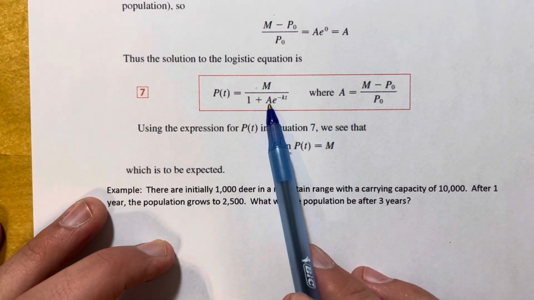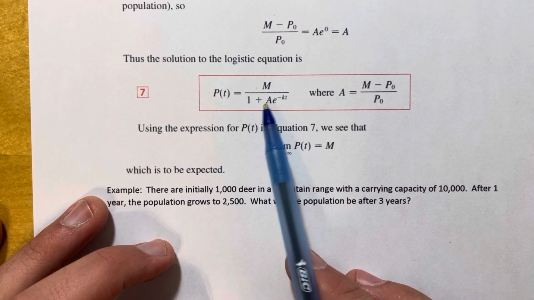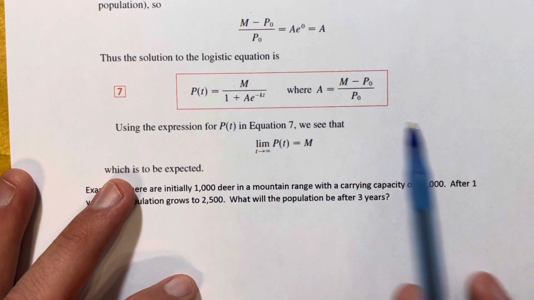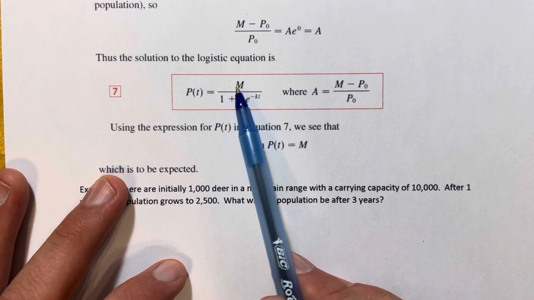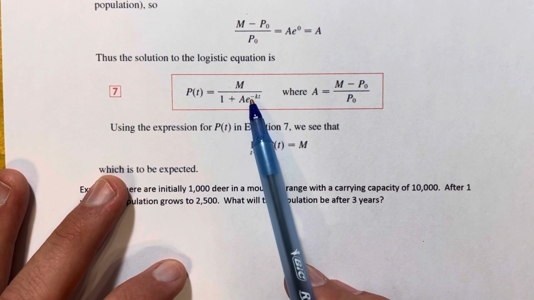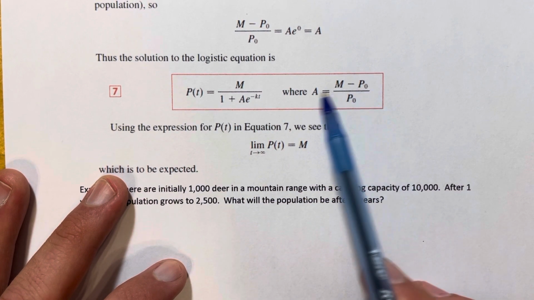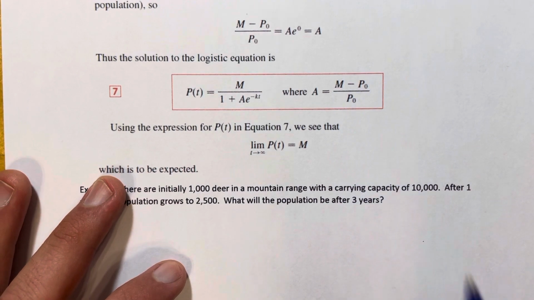So this is our population growth model in the logistic equation. We can just call this the logistic model for population growth. Again, P of t is equal to m, your carrying capacity, over 1 plus a e to the negative kt, where a is given by this. So you can compute a as long as you know your carrying capacity and your initial population.